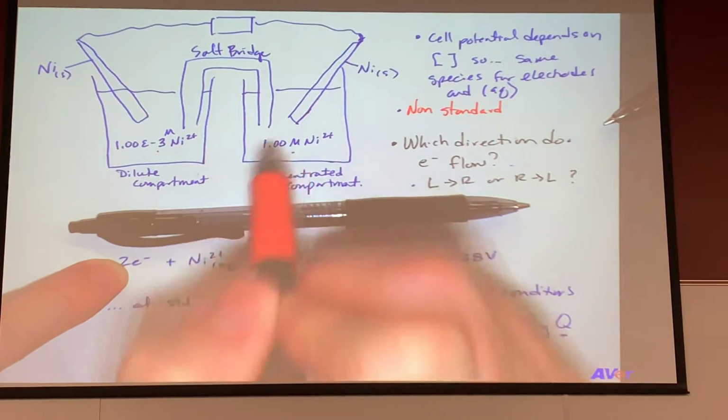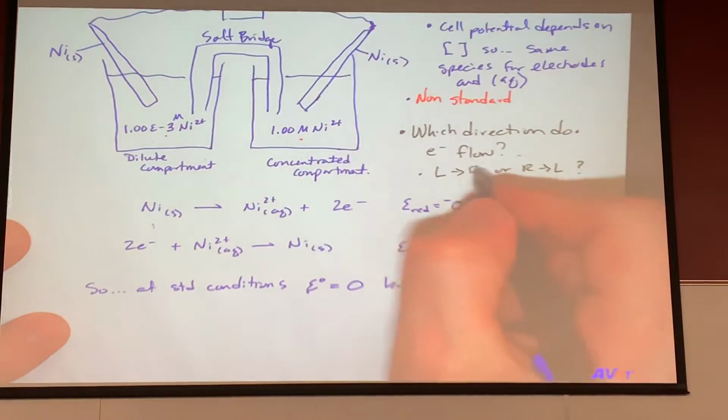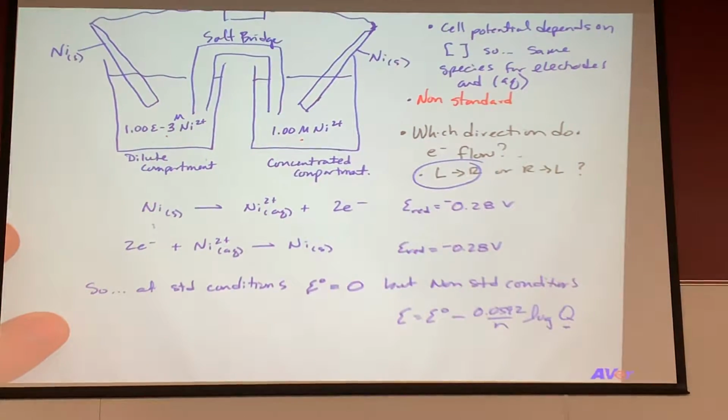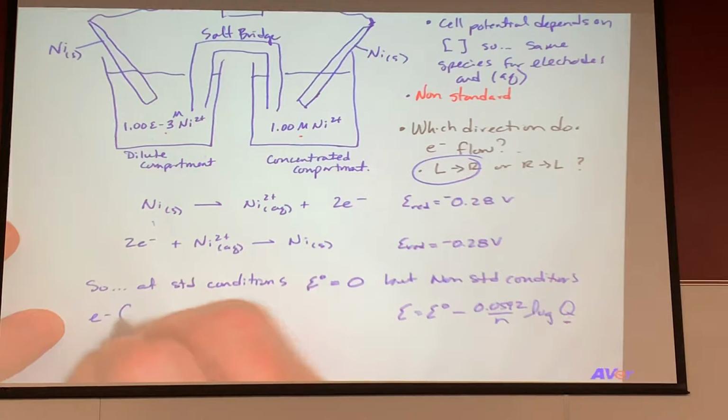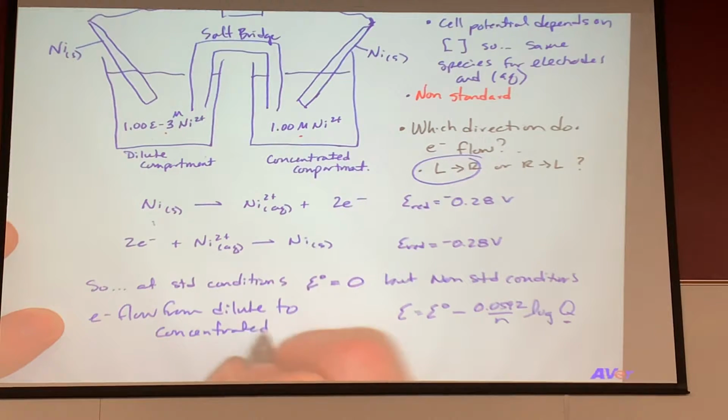Okay. So in this case, the electrons flow from the left side to the right side, or you could say electrons flow from dilute to concentrated. Okay.